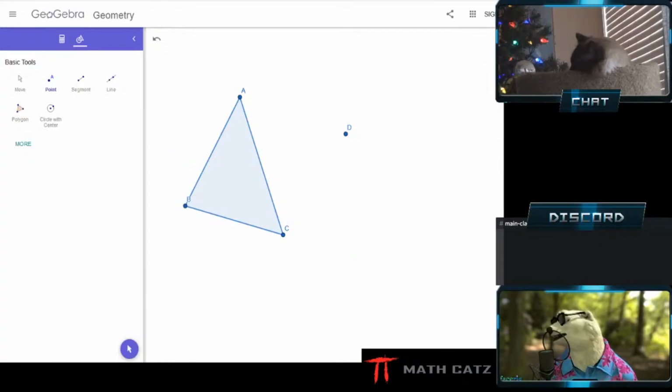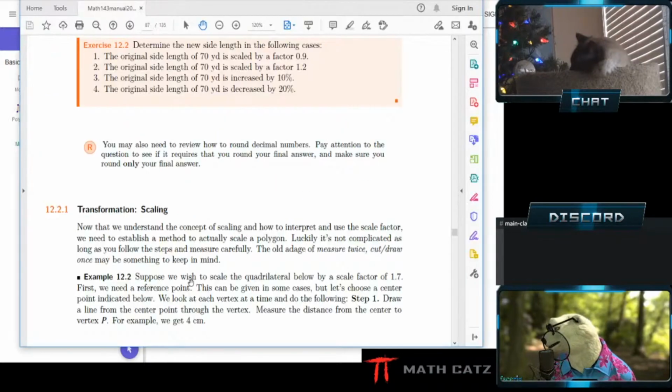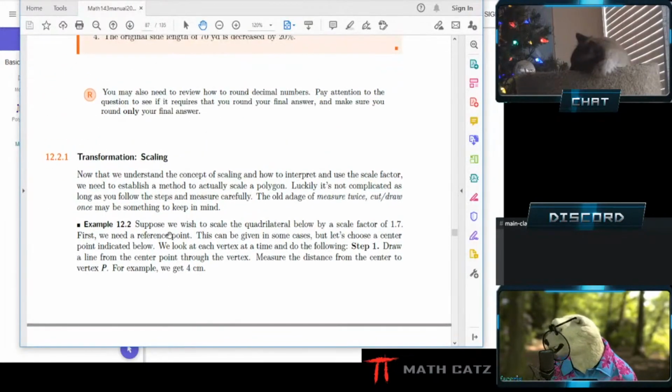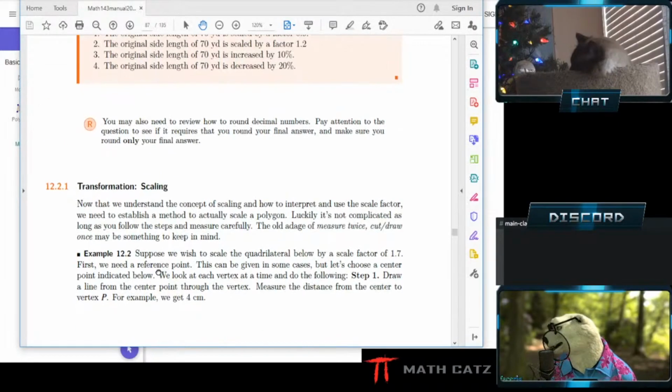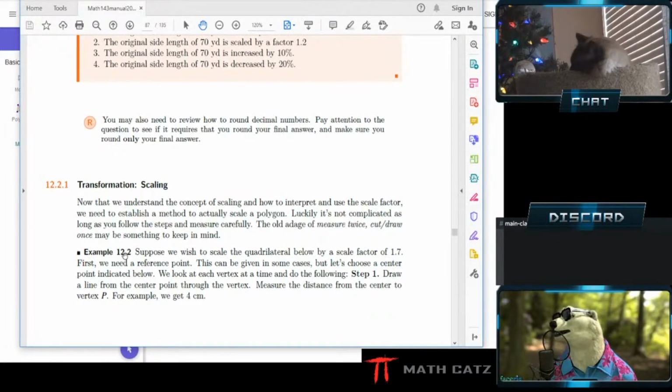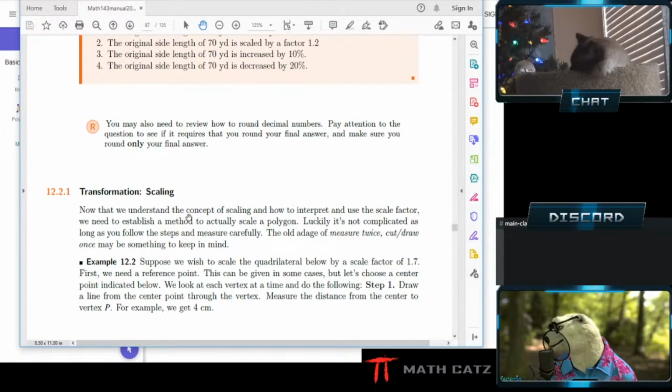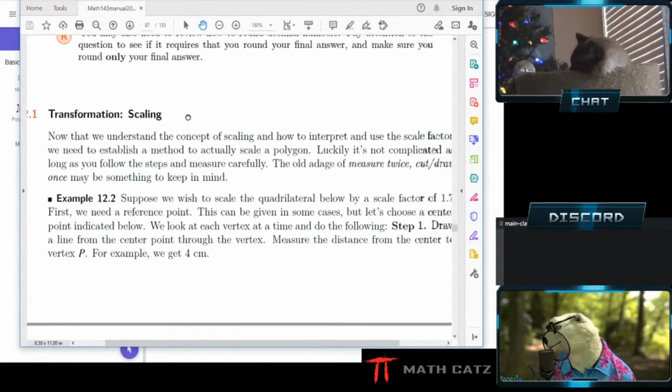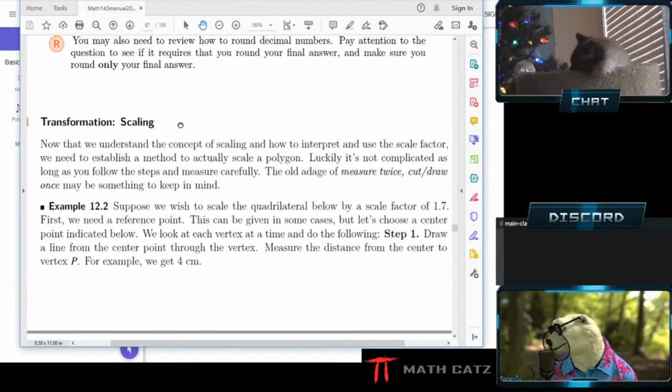What I want to do, I have to be given a scale factor. So I don't know if I actually have an example here. Let's suppose, yeah, I'm going to pick my own triangle, but let's work with example 1 or 12.2 here. Without looking ahead, I want to scale my shape.